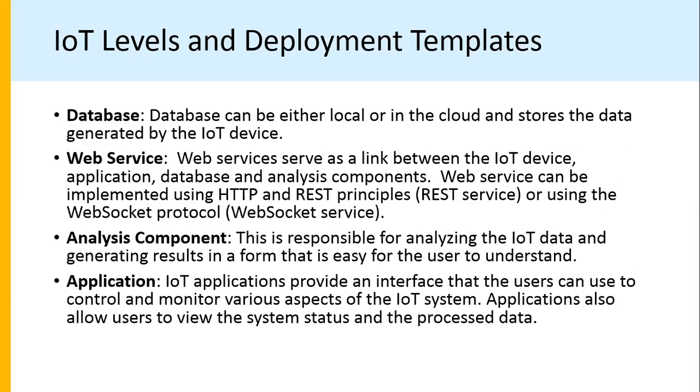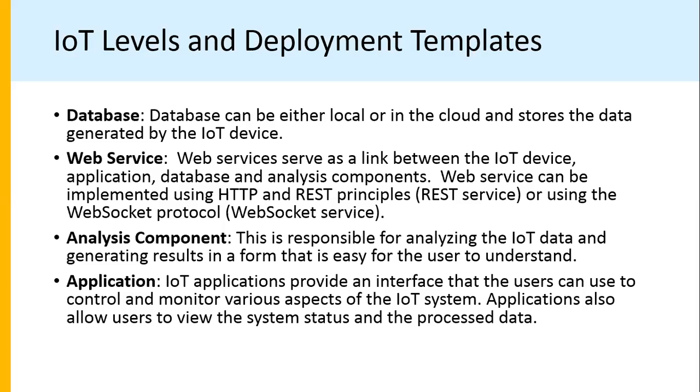Next is database. A database can be either local or in the cloud, and the database is used to store the data generated by the IoT devices. Whatever number of IoT devices are present in the network, they all will sense the data and store that data in the databases.